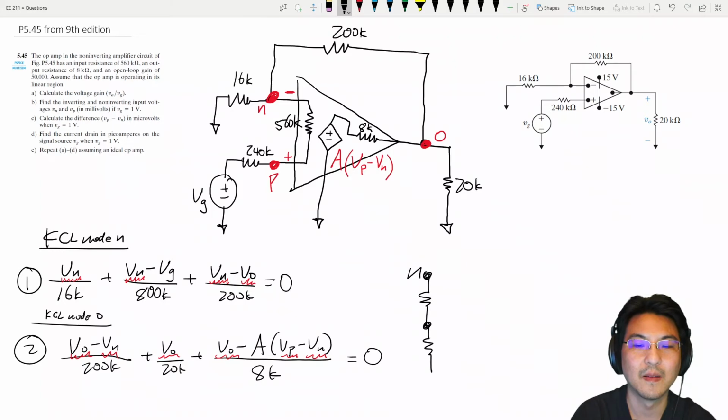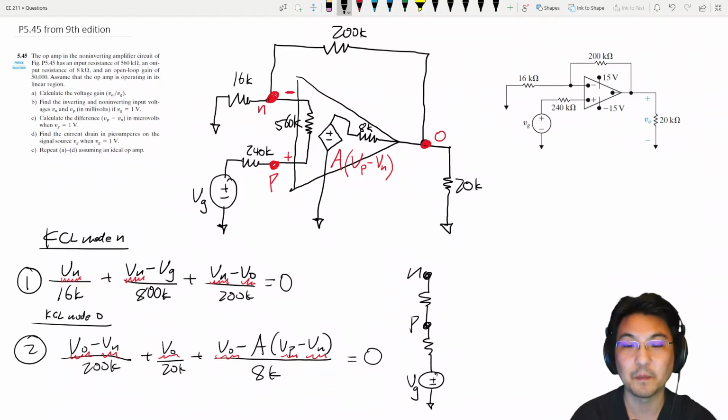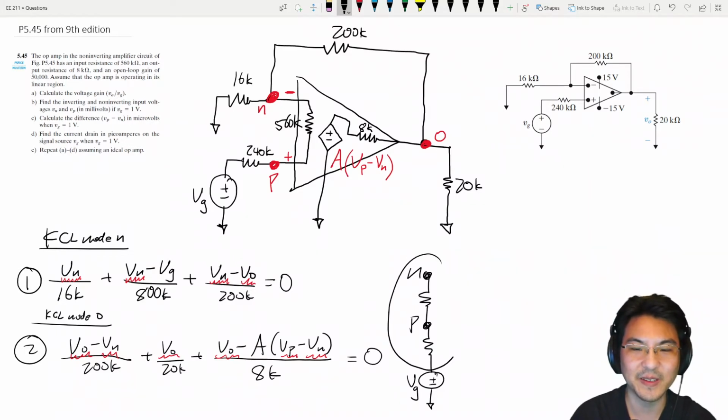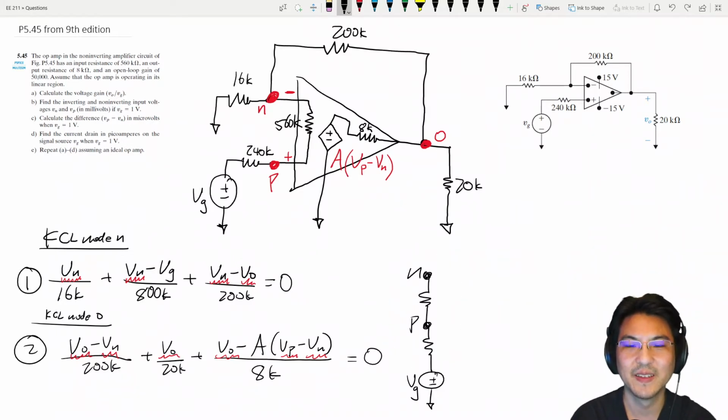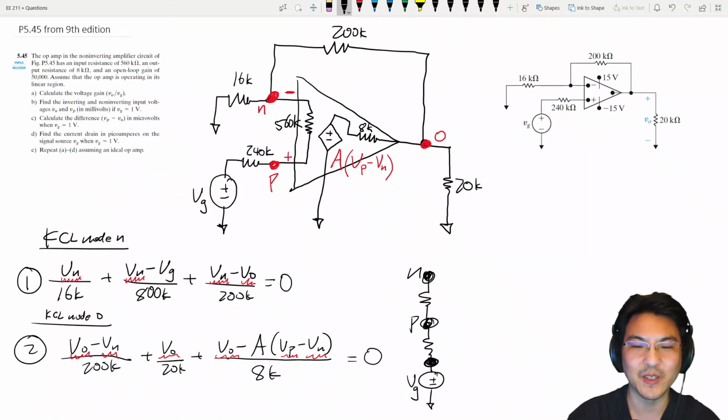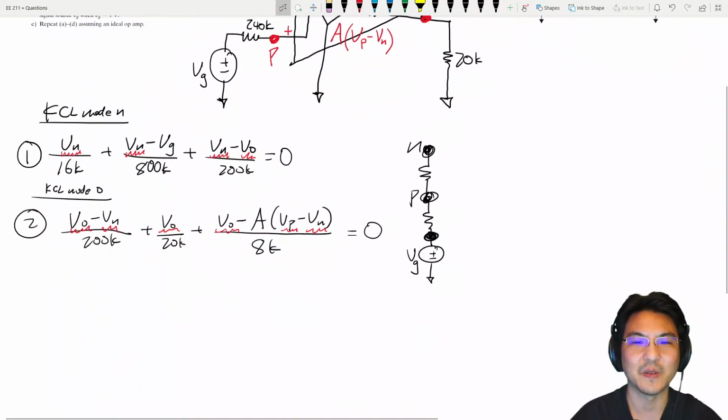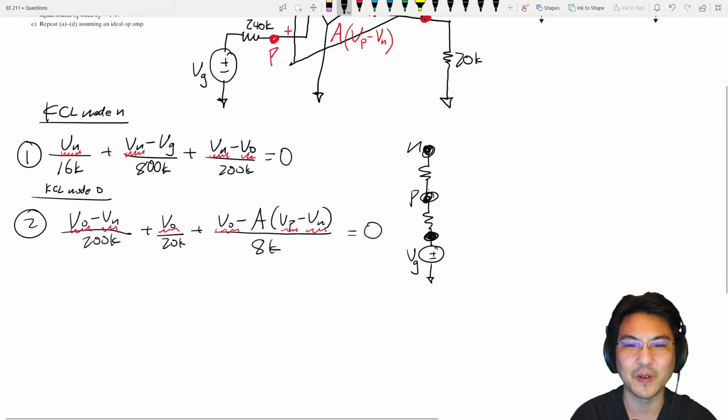and then the Vg over here, right? So you see how this is a voltage divider, right? So just from here to here. So from here to here, that would be Vn minus Vg. From here to here would be Vp minus Vg. So let's just write an expression for this one right here.